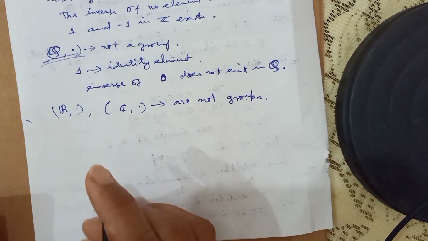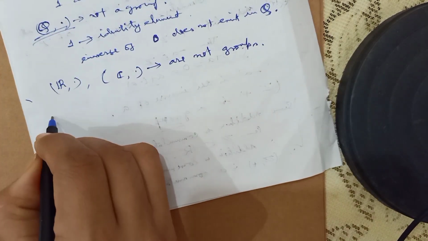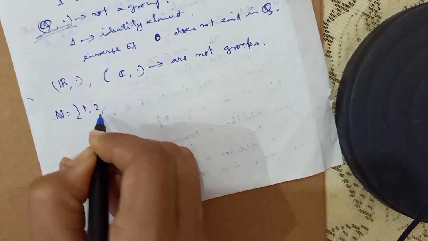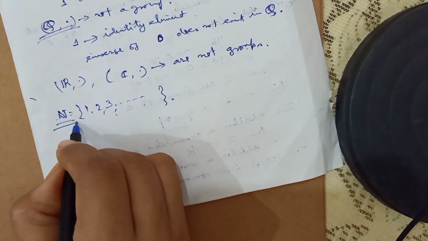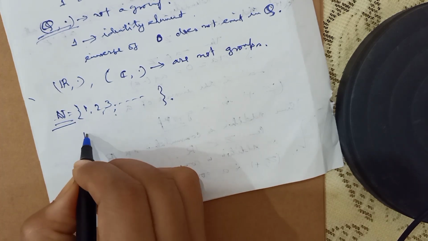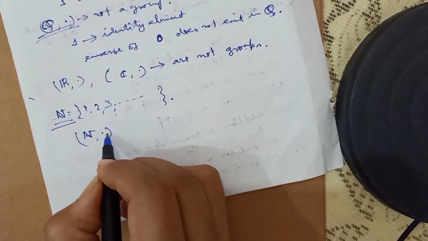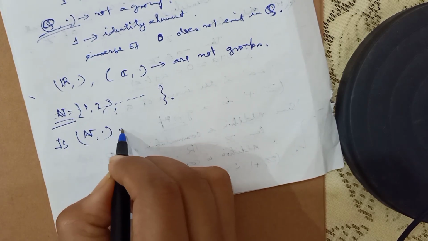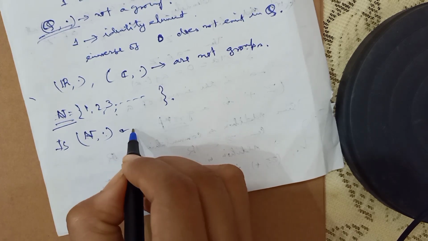Okay, now here we take the set of all natural numbers, that is N equals 1, 2, 3 and so on. This is the set of all natural numbers. Is N with respect to the binary operation multiplication, is (N, ·) a group?